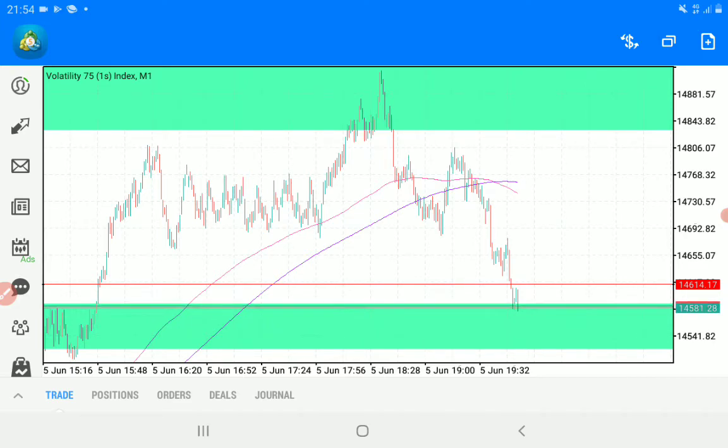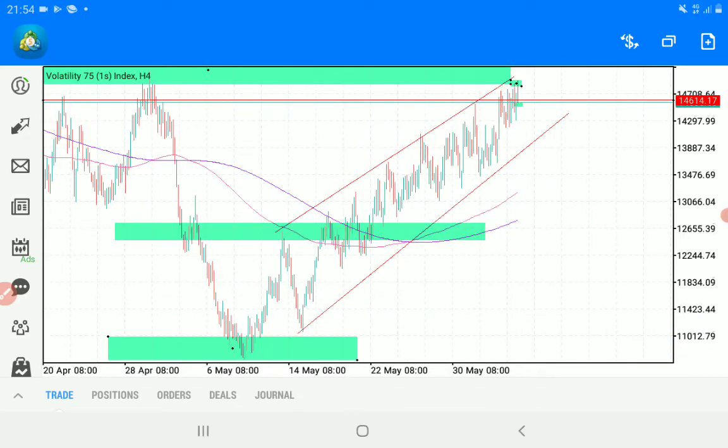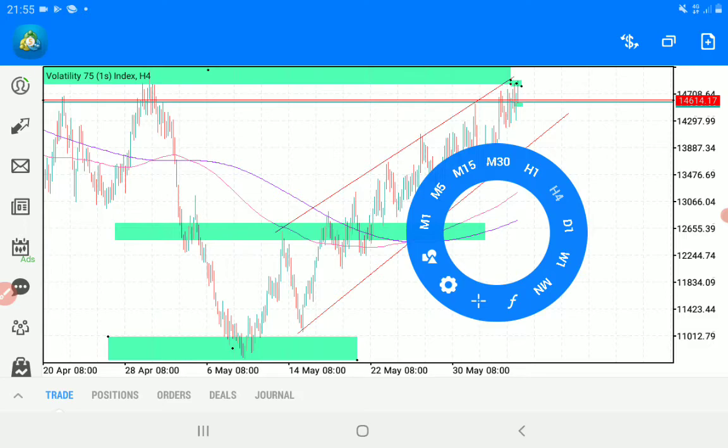So for an example, that's an uptrend from what we have checked here. It's an uptrend, but you know that your uptrend has now reached the highest resistance. I'm sorry, so let's say now it hasn't reached the highest resistance.